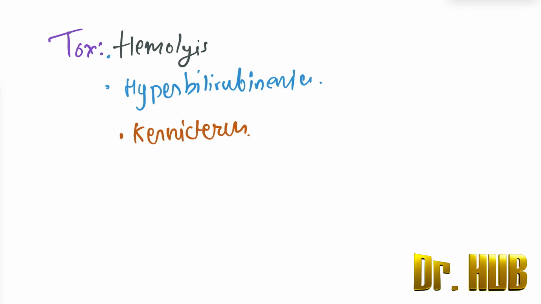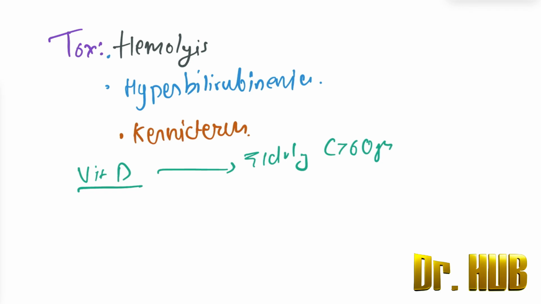Now for vitamin D, we need to know the RDA in elderly greater than 60 years is 800 IU.